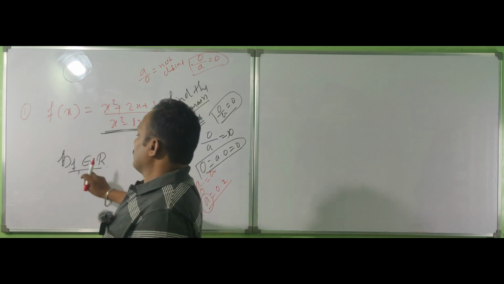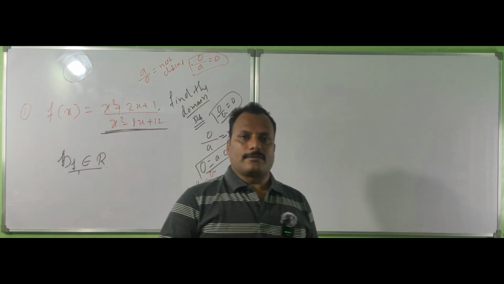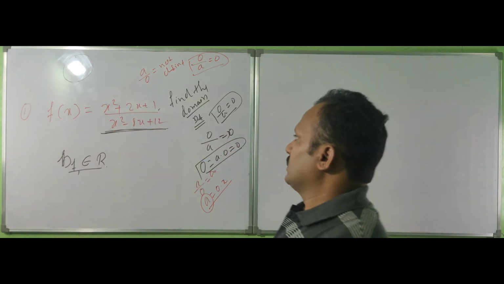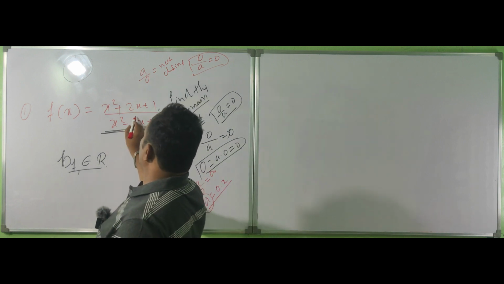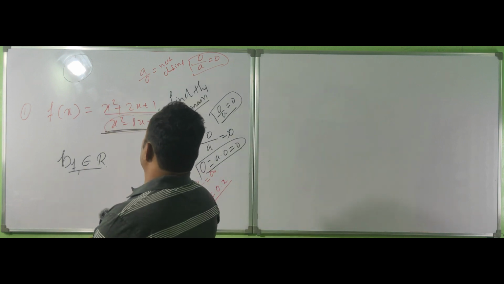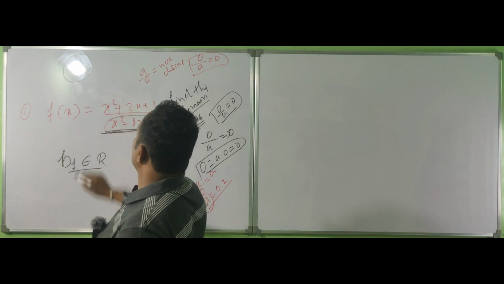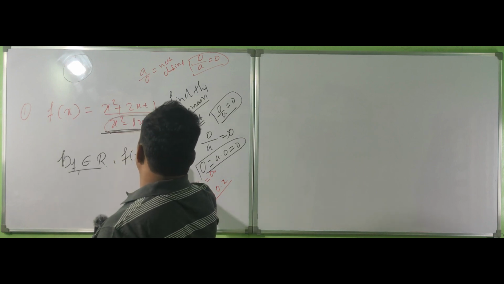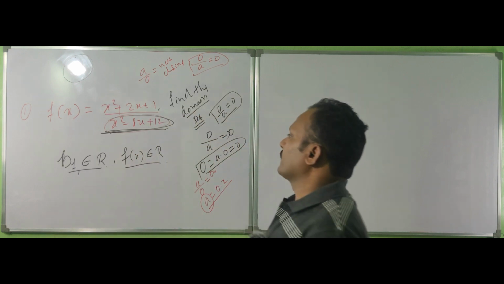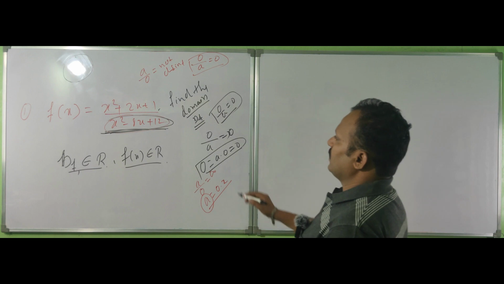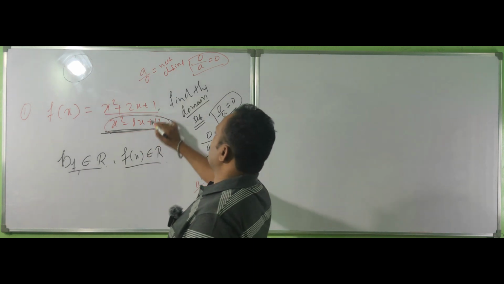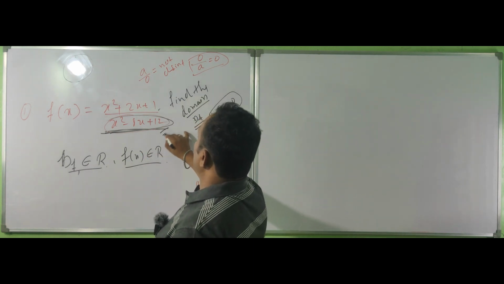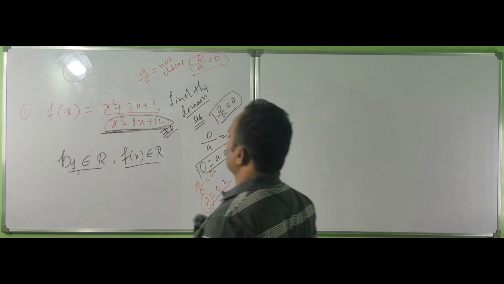Similarly, if the domain of f belongs to R, then the whole f of x should belong to the real numbers. That's why the denominator should be not equal to 0.